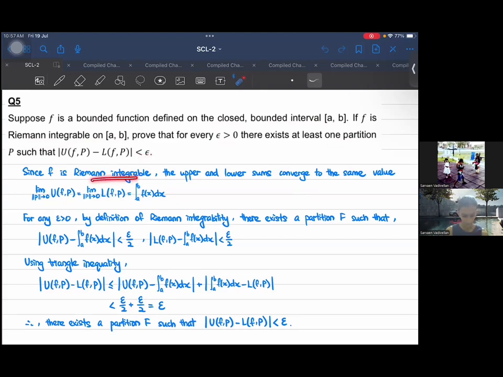Since f is Riemann integrable, the upper and lower sums converge to the same value, which is the limit as the partition P goes to 0 of the upper sum, equal to the limit as P goes to 0 of the lower sum, equal to the integral from a to b.